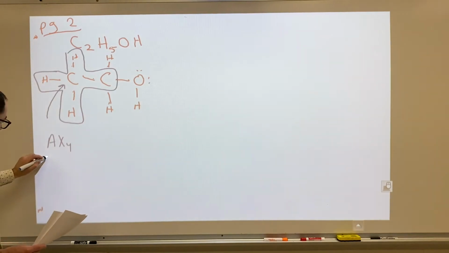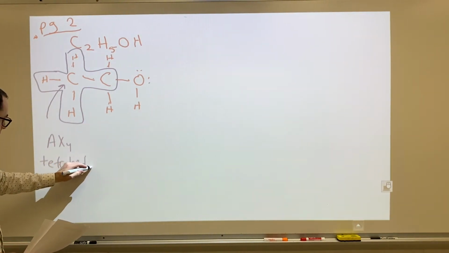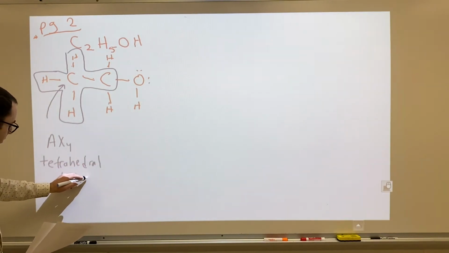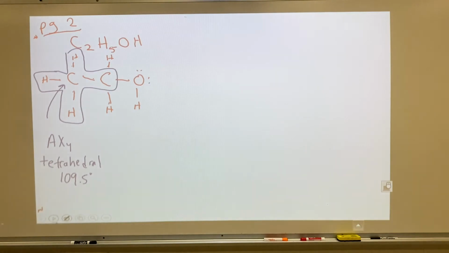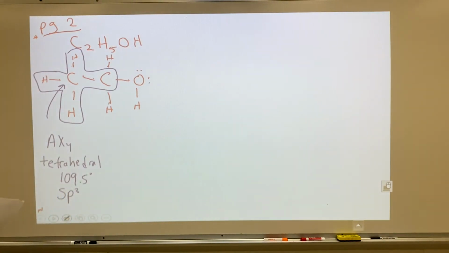What's the shape for that? Good, tetrahedral. All right, and the angle? Good, 109.5 degrees. All right, hybridization? sp3. Whenever you have tetrahedral, you're going to think sp3. Good. All right. Anything else we can figure out for this one right now?